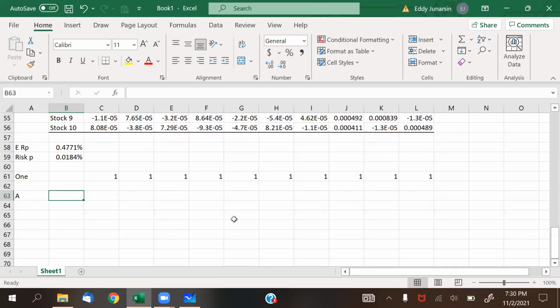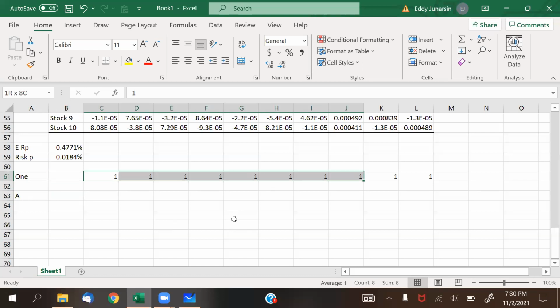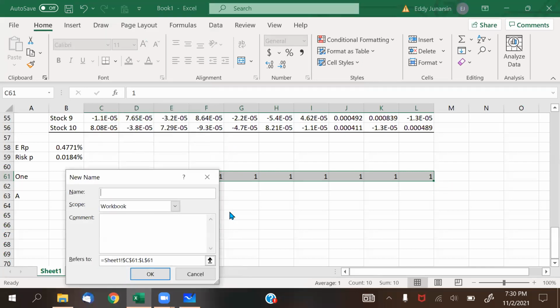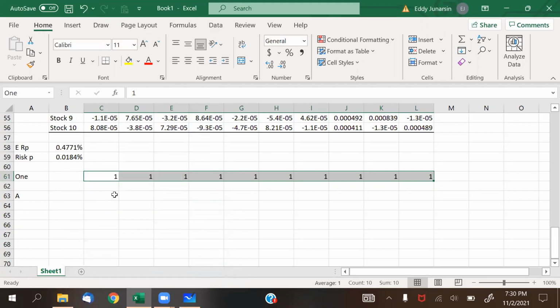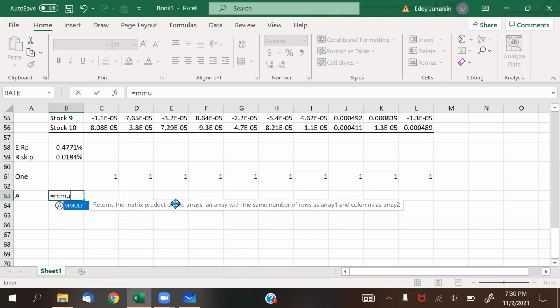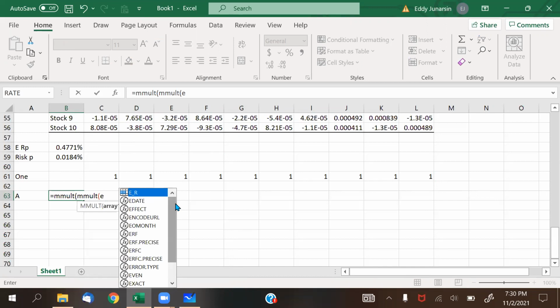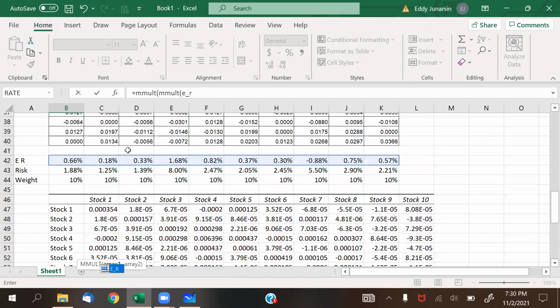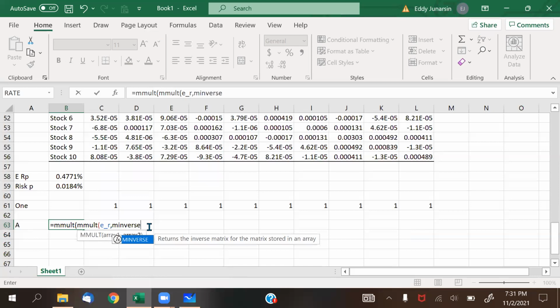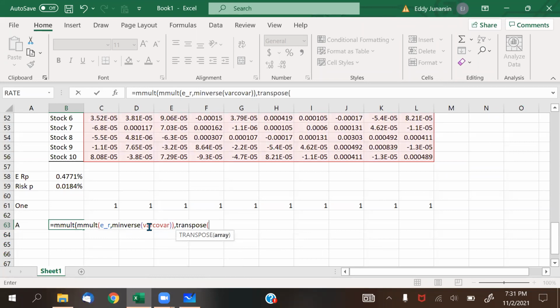So how do we get A? I will name the identity matrix first, calling it one. A is a matrix multiplication: mu, the expected return, with the matrix inverse of the var-covar matrix, and then the transpose of the expected return.